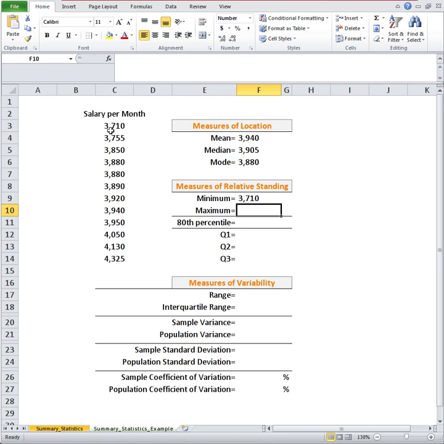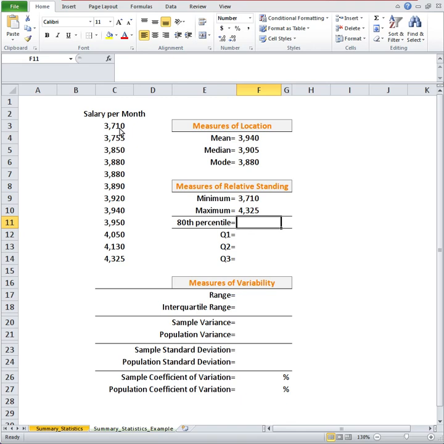It is not a surprise because the minimum is the first value, and the maximum is going to be the last value, because I organized the data from smallest to largest. For the maximum, you hit equal, then MAX, and then again you highlight the dataset and parentheses and hit enter. Okay, so that's the minimum and maximum.